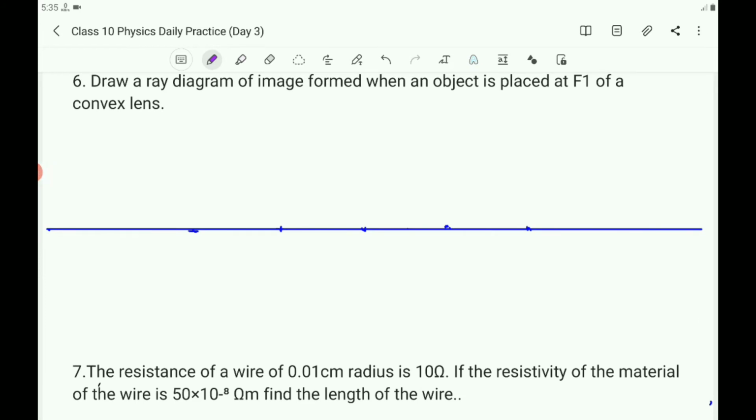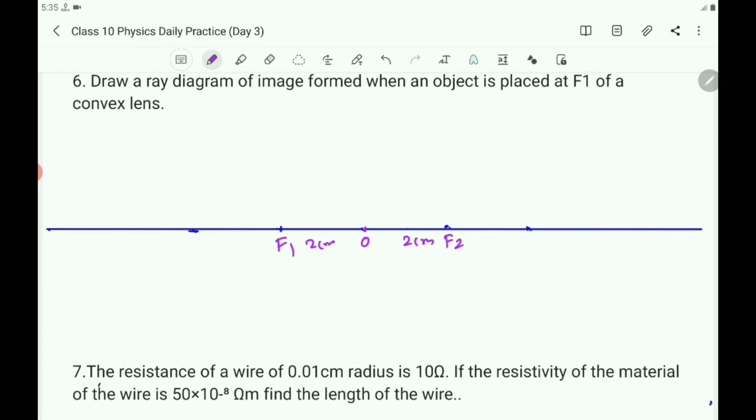First, you draw a line of convenient length to represent the principal axis and mark 5 points. This is the middle point, and with the same distance you have to mark 4 other points. Here, from the optic center, you take 2 centimeter. This is also 2 centimeter. So this is F1, this is F2.